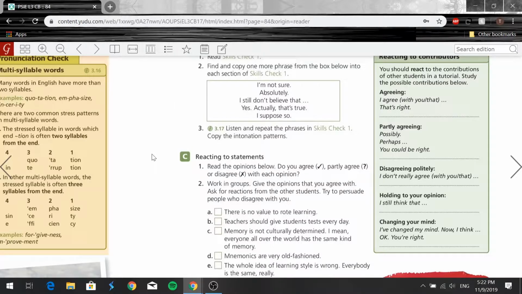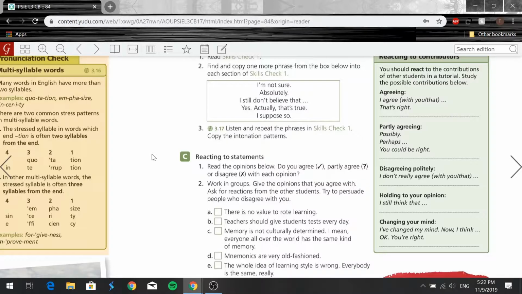What about disagreeing politely? You could say, I don't really agree that this happened, or I don't really agree with you. Holding to your opinion, you could say, I still think that, and you could go on. What about changing your mind?